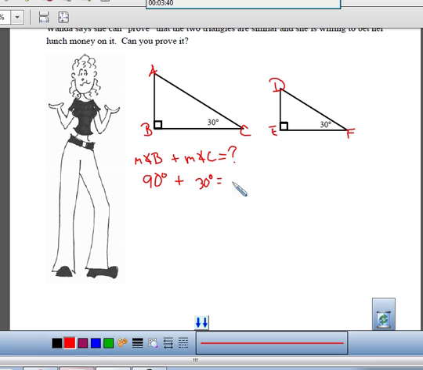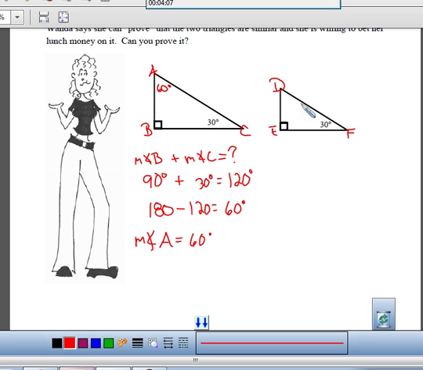So when you add 90 and 30 degrees, you get 120 degrees. Now what's that mean? Well, since the three angles add up to 180, if I do 180 minus 120, I get 60 degrees for my missing angle. So the measure of angle A equals 60 degrees.